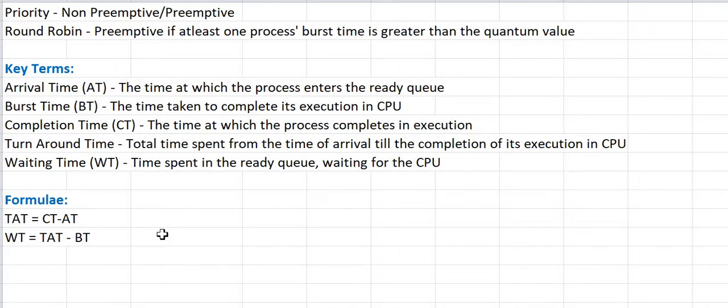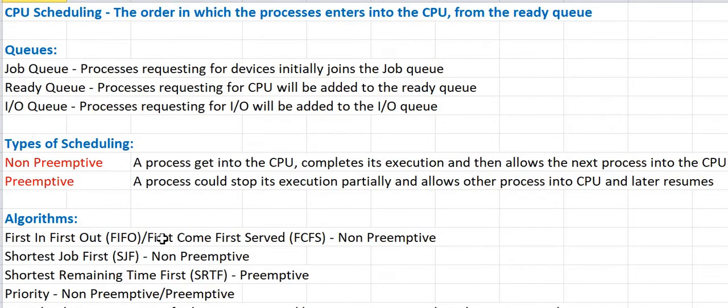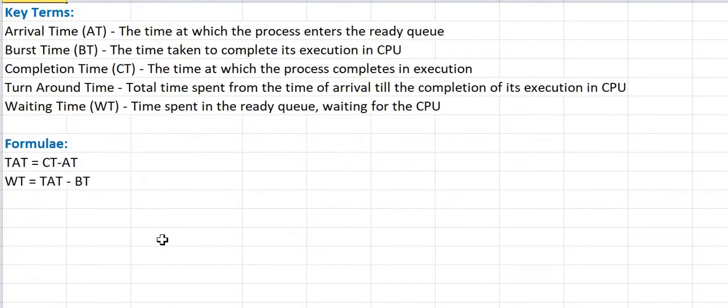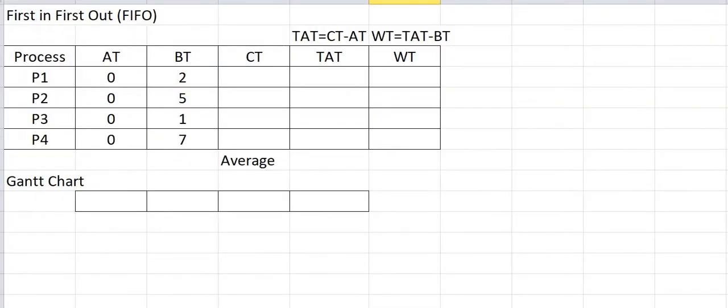So far we have seen the key terms, the types of scheduling, the algorithms and the formulas. Now let's move on to the solving part. The first is First In First Out, where the inputs will be the processes with the process IDs. The arrival time is given. If the arrival time is not given, we are supposed to assume it as 0, assuming that all the processes have arrived at the 0th millisecond.